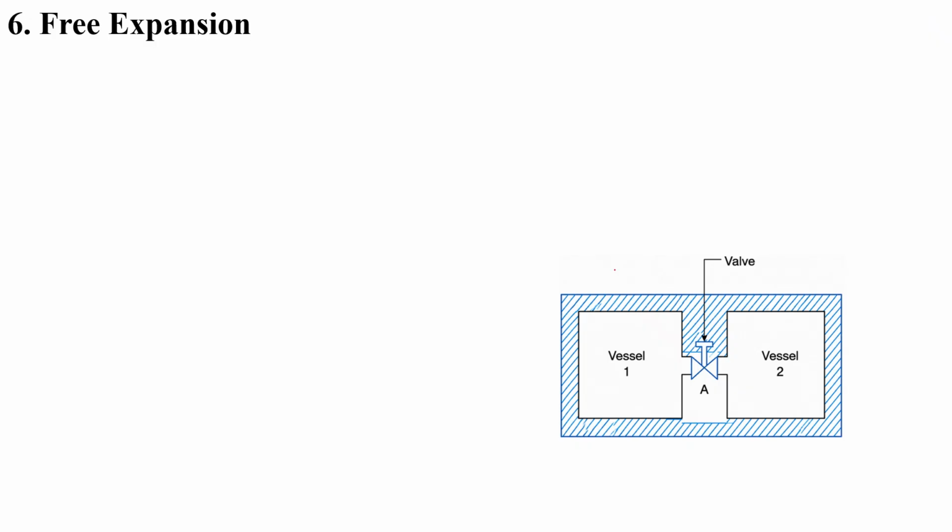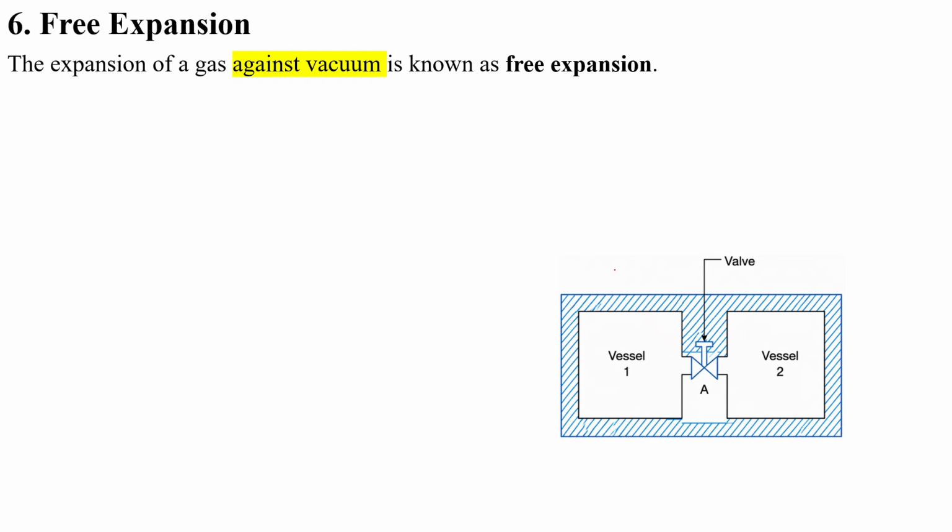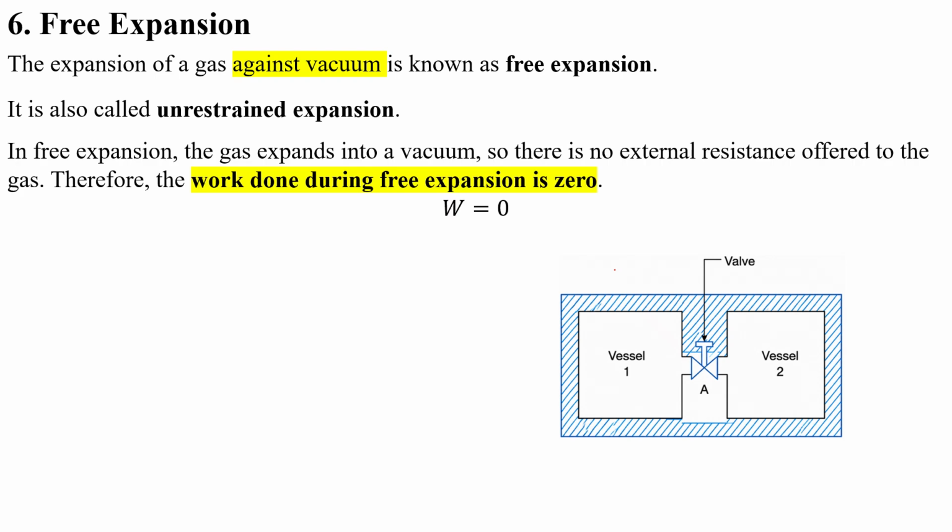Next we will discuss the free expansion. The expansion of a gas against vacuum is known as free expansion, and it is also called unrestrained expansion. In the free expansion, the gas expands into a vacuum, so there is no external resistance offered to the gas.